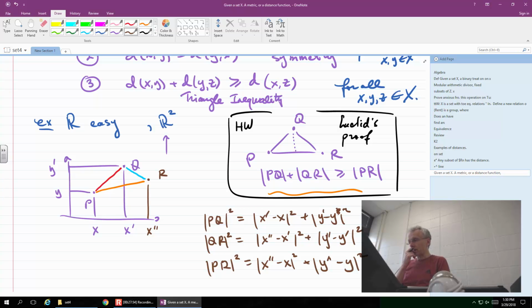Let's see, what happens if I square this? It will be the square of this plus the square of that plus twice these. So I'm afraid you're going to need the dot product, or the way it was probably done by Euclid, maybe the law of cosines. So let's talk about that next time.